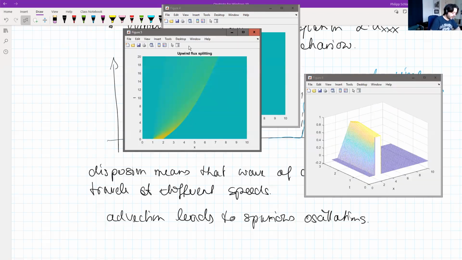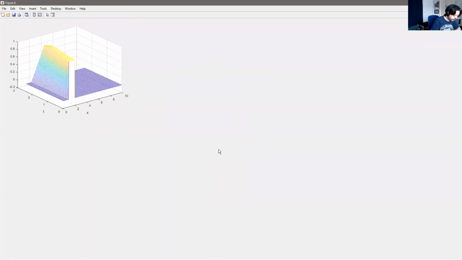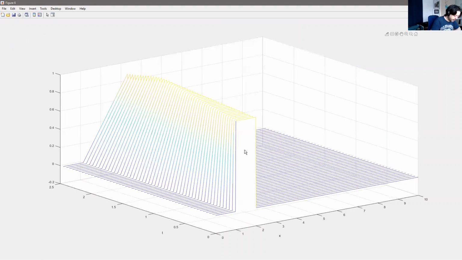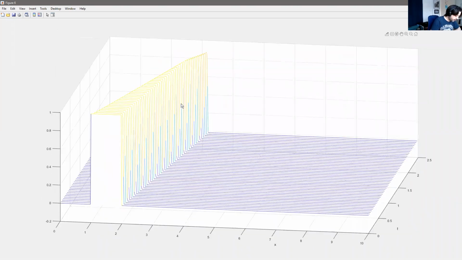Maybe this is the best view that I can show it in, this waterfall plot. So yes, I think this now shows it in a nice way.